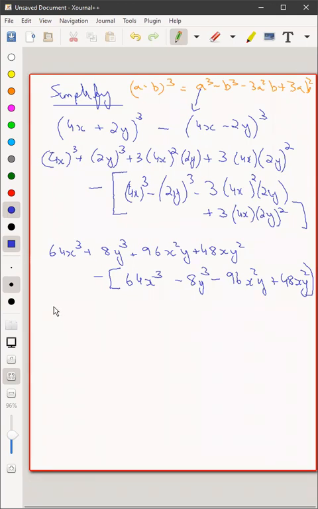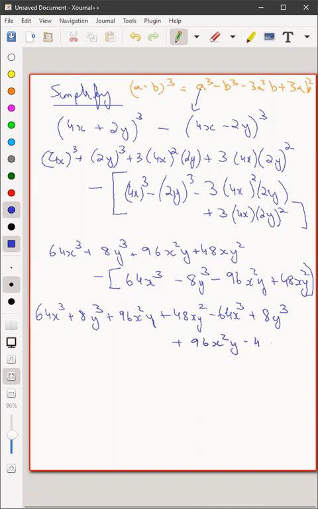64x cube plus 8y cube plus 96x square y plus 48x y square minus 64x cube plus 8y cube plus 96x square y minus 48xy square.